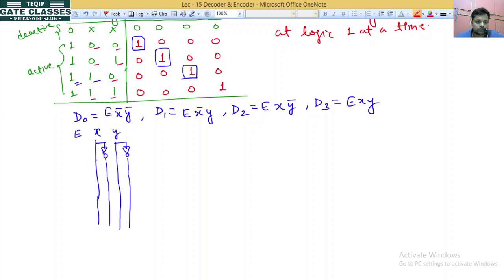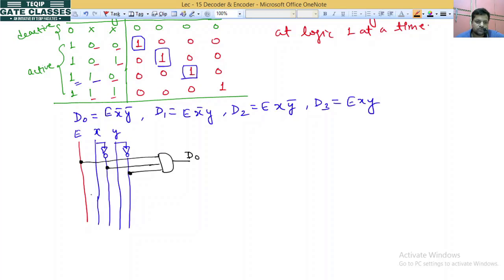So this is our E, and we are connecting here: E, X bar, and here we have Y bar. All are connected to the 3-input AND gate, so it will give you D0.